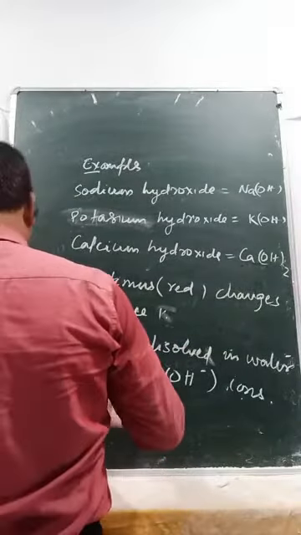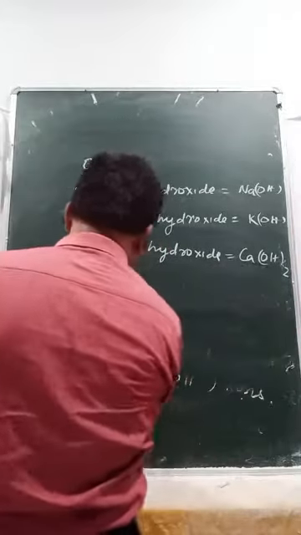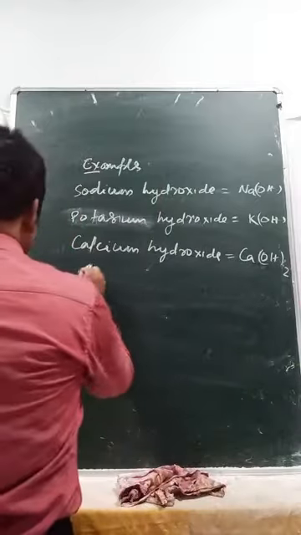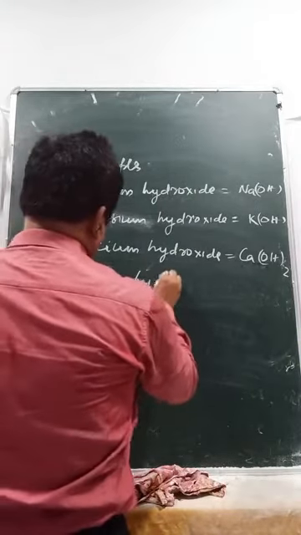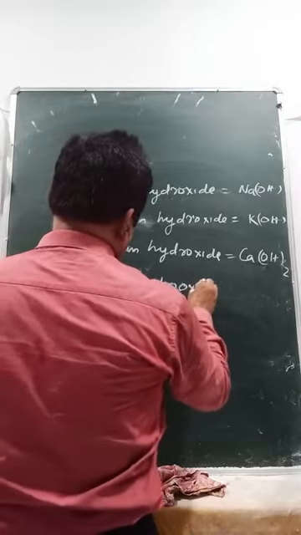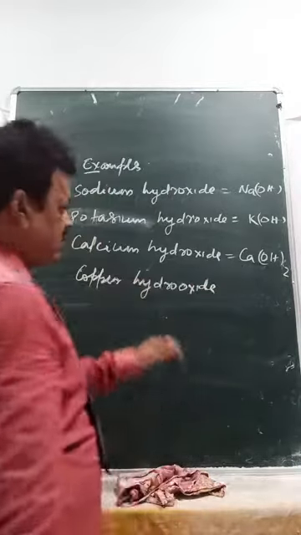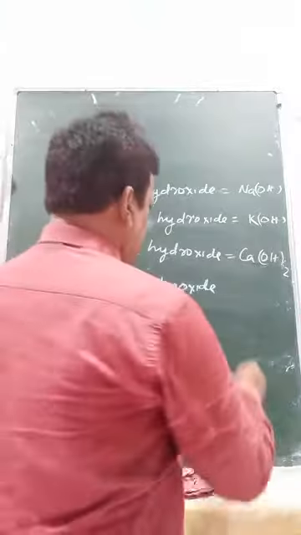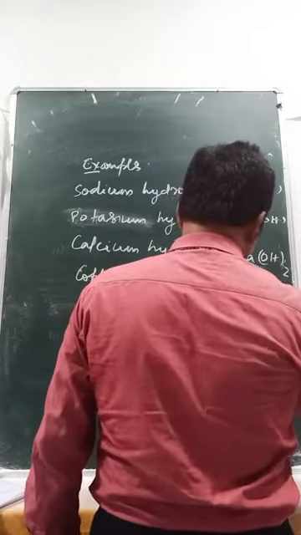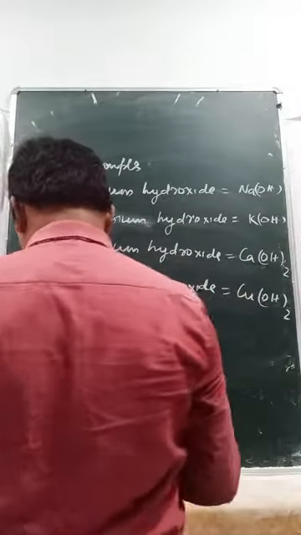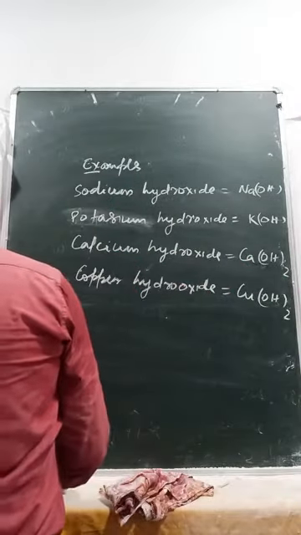Then comes up copper hydroxide. Copper valency 2 plus, so Cu(OH)2, you need 2. Okay.